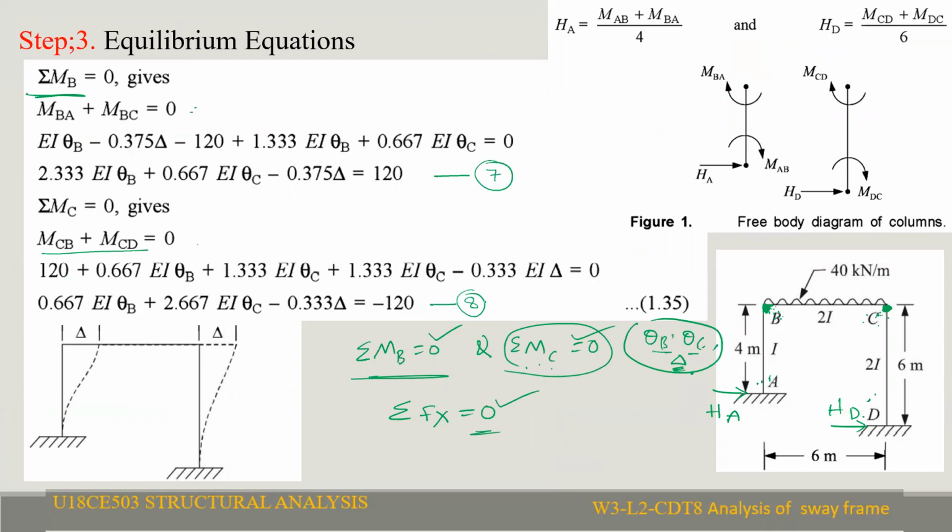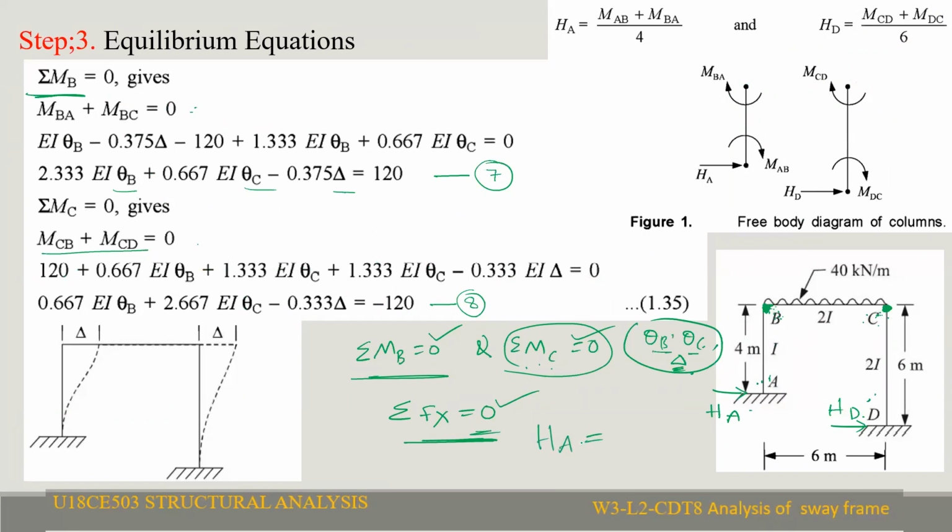If you observe this, it is an equation in terms of theta B, theta C, and delta. We have 3 unknowns but only 2 equations so far. So we have to write another equation, that is sigma Fx equal to 0: HA plus HD will be equal to 0.